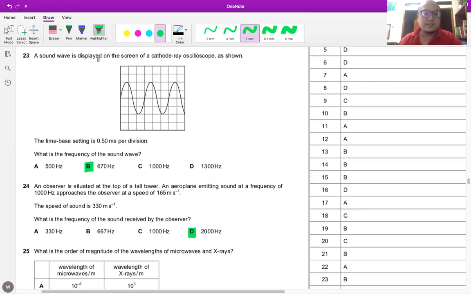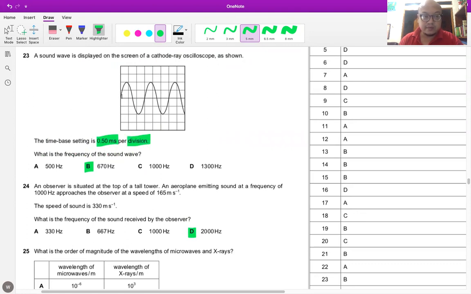A sound wave is displayed on the screen of a cathode ray oscilloscope. The time base is set at 0.5 millisecond per division. What is the frequency of the sound wave? The answer is B, 670 hertz. Now about frequency, I think it relates to this. This is 0.50 millisecond per division.